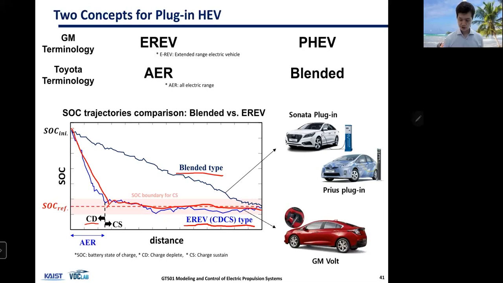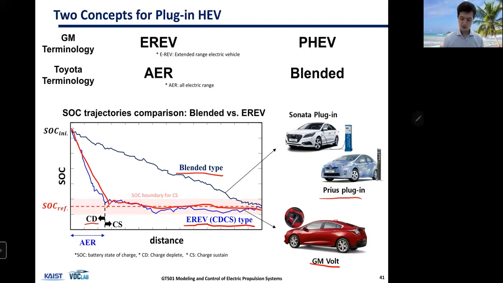But for some architectures, such as GM Volt and Toyota Prius, which is split type, multi-mode split type architecture, they are more suitable for EREV plug-in hybrids or EREV type.